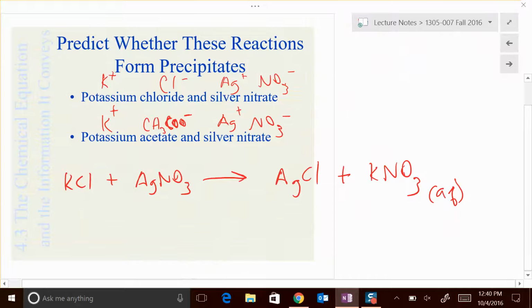Here I would write silver chloride as a solid. The silver nitrate was aqueous, and the potassium chloride was aqueous to begin with. They're two test tubes, both clear. You pour them together, and you get a solid product of silver chloride.